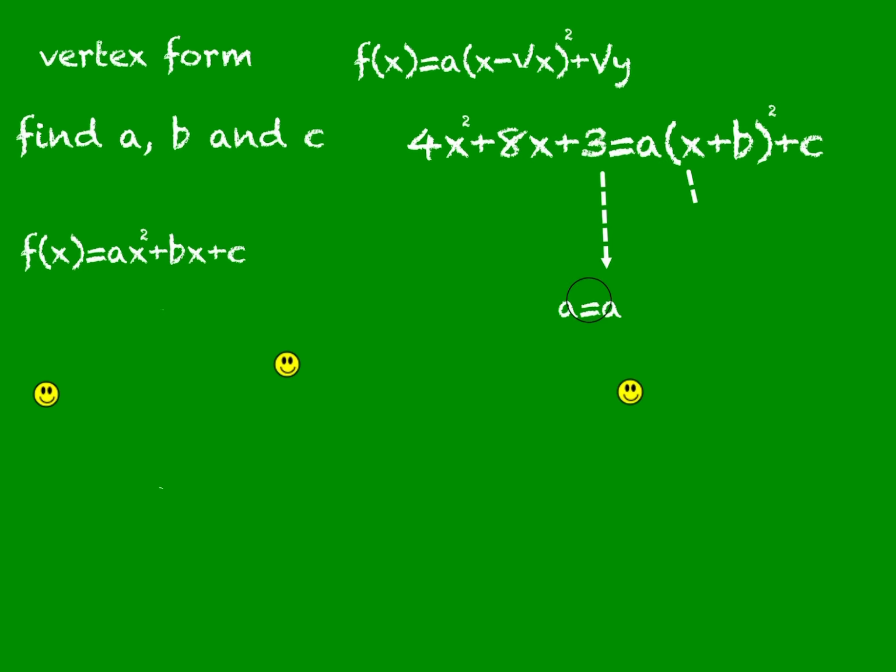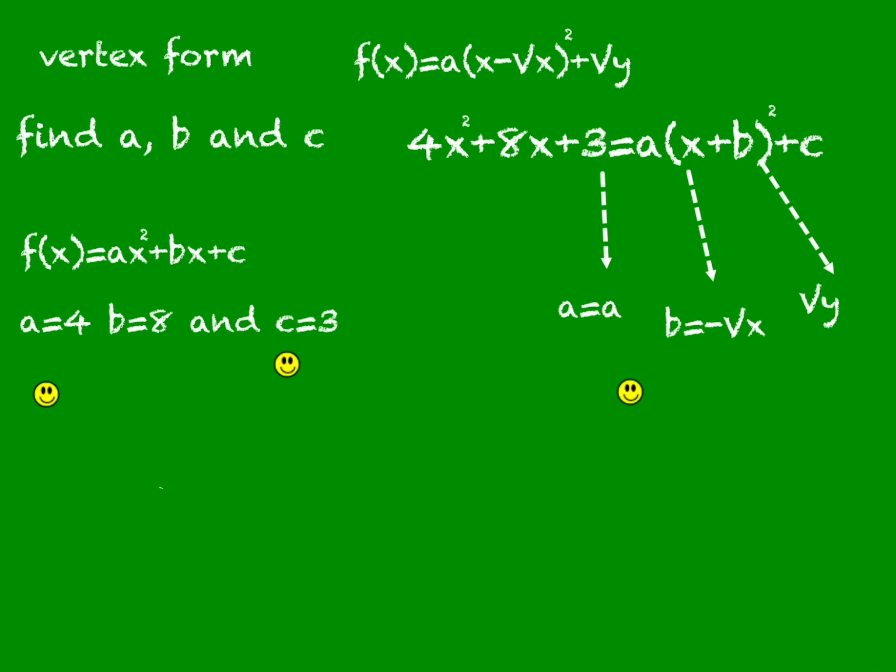The a is the coefficient of a in the vertex form, b means the negative x component of the vertex, and c is the y component of the vertex. But this a, b, c is the coefficient of the x squared. a is 4, b is 8, and c is 3.